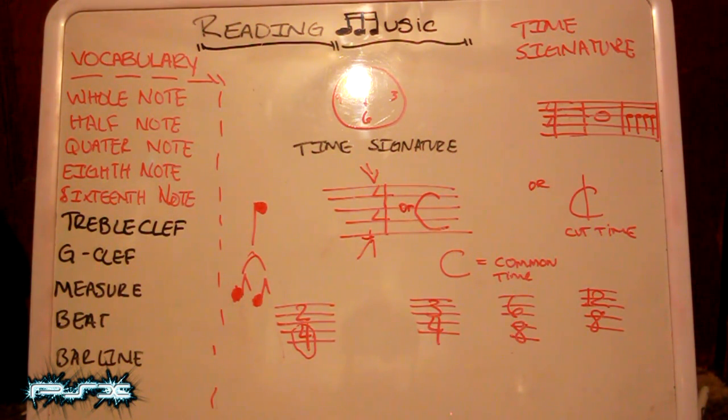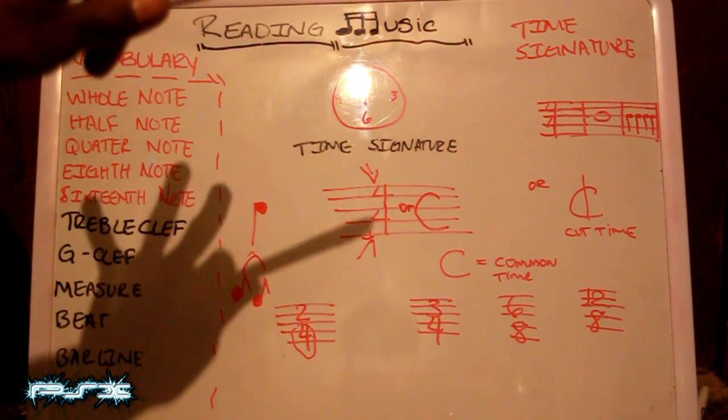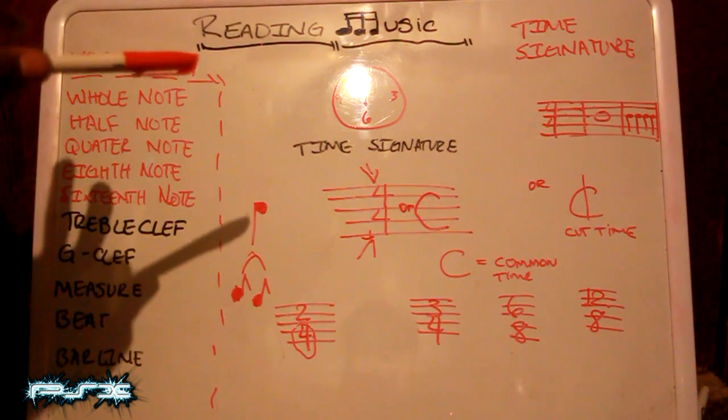The next lesson is going to be notes, and not just the note values. We already know about the note values. We want to know about the notes themselves. They actually have names, to put a long story short. These lines actually mean something. When you see these lines, they mean something important. So we're about to get into that in the next lesson.